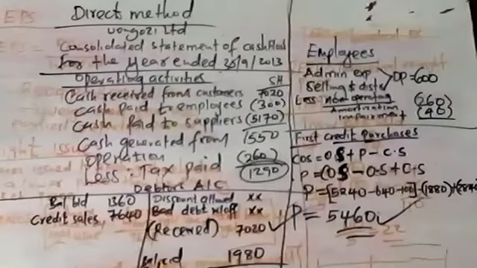Whether you do operating using indirect or direct, it's upon you to choose when they are not specific. But it's better you go for the indirect when they are not specific. When they are specific, you have to use the method they have said. The only difference between the two methods is the operating section; investing and financing are the same in both methods.